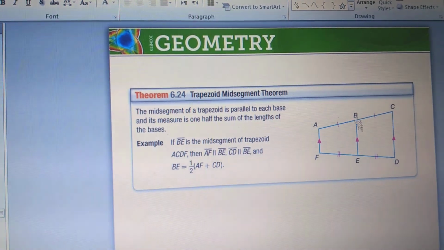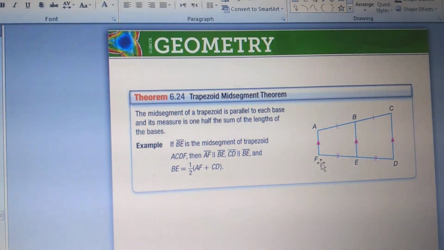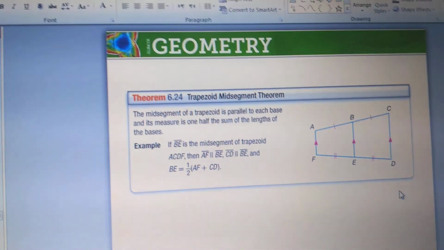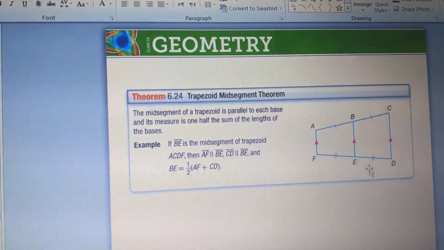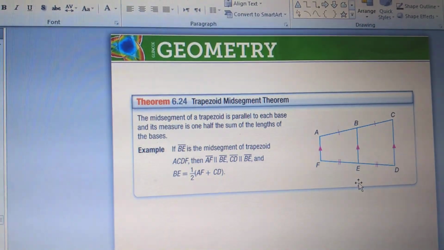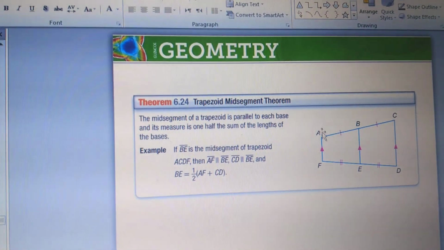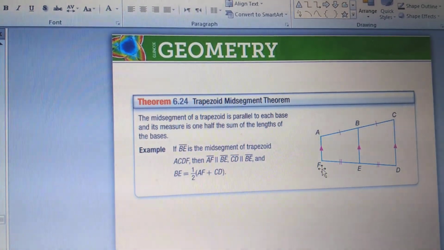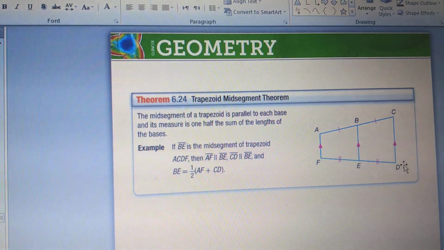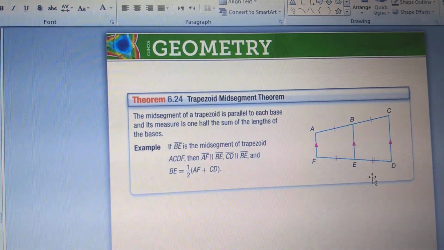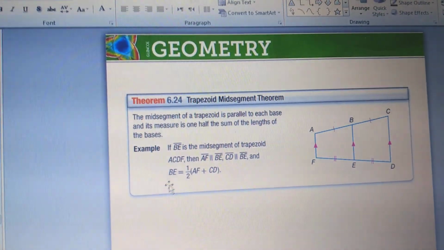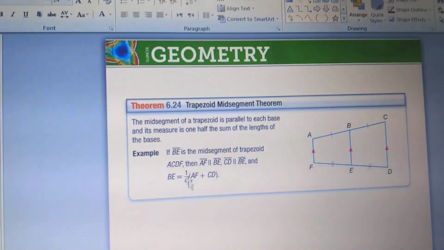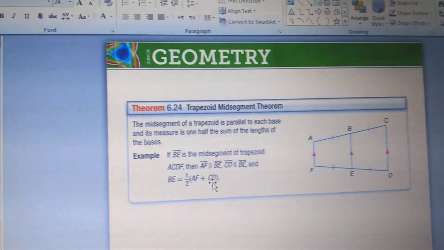Again, what is the measurement of BE? It is the measure of AF plus CD, then you divide the sum by 2. BE equals half times (AF plus CD).